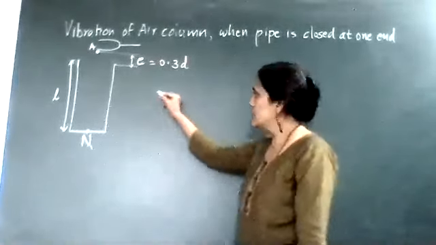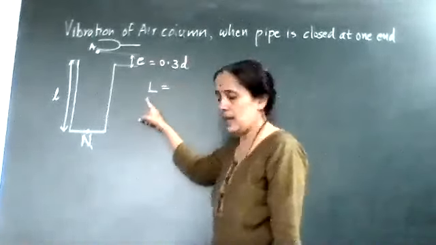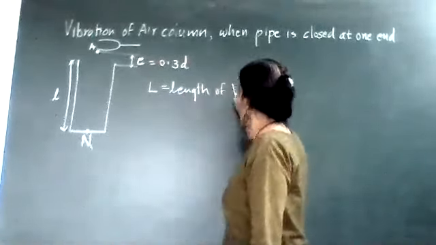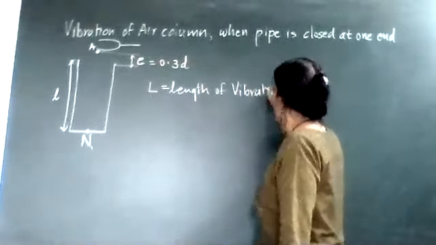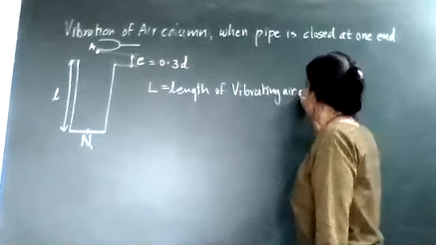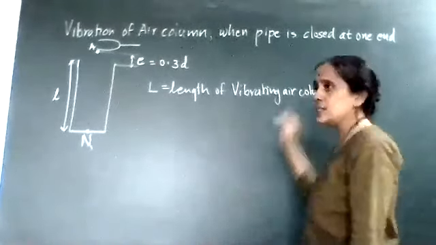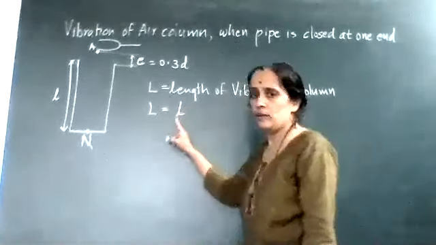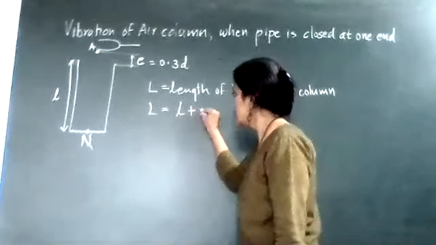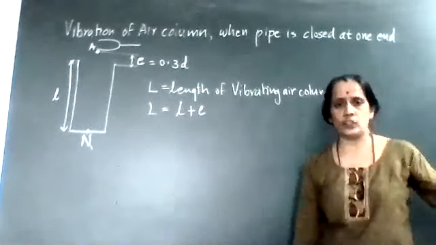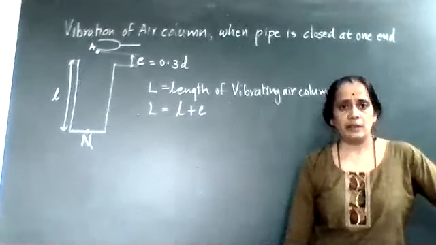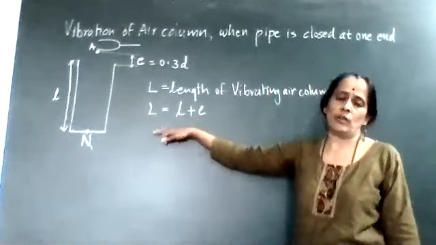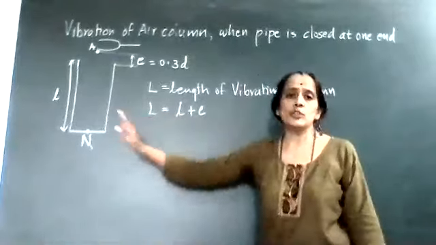And hence, I can say that capital L, which is called the length of the vibrating air column, is equal to small l, which is the length of the pipe, plus e, where e is the end correction. Clear? So in this manner, I can write the length of the air column when the pipe is closed at one end.